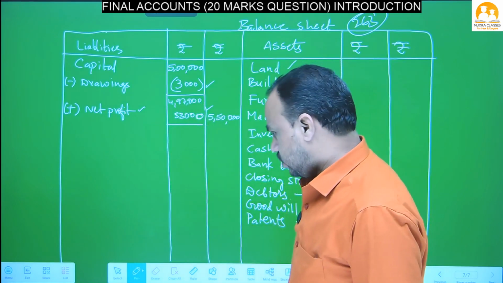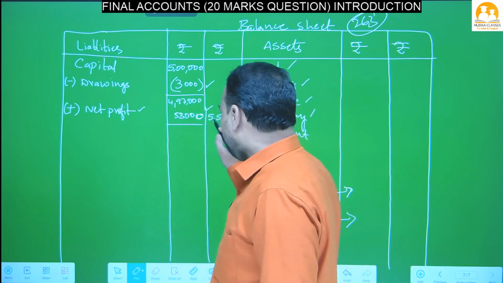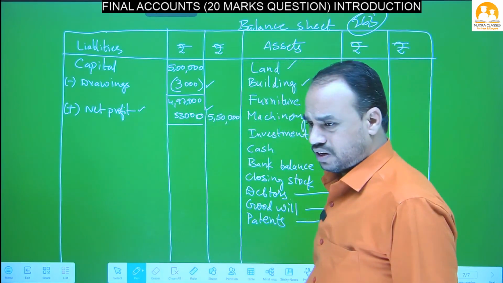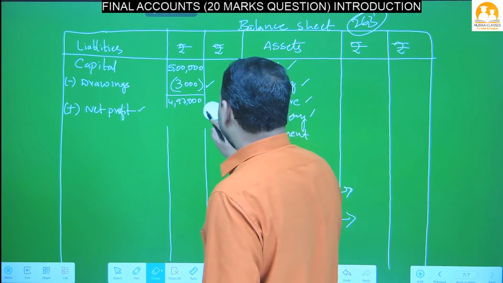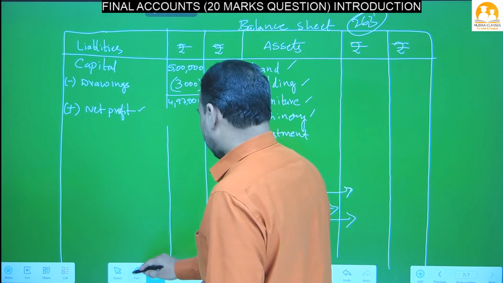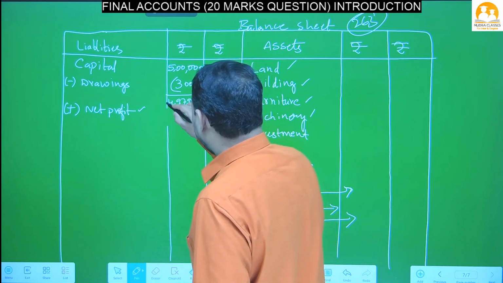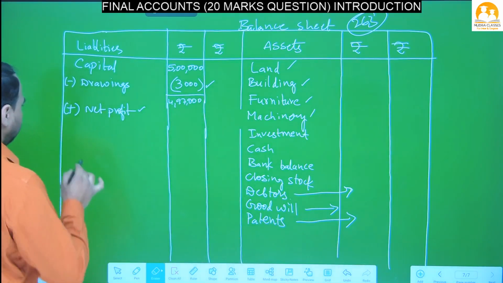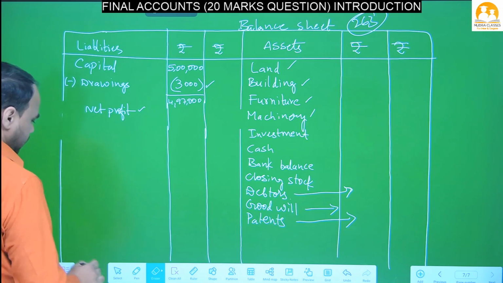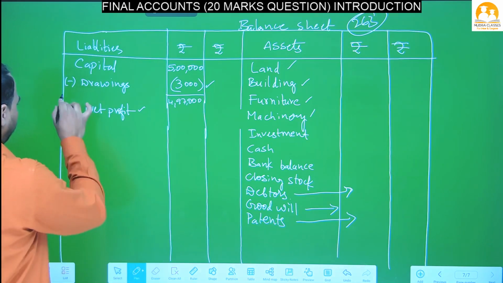Okay, right. For example, net profit means I added here 53,000. Now what do we have to do for net loss? Net loss means, see, here we have to do minus. I will show you.